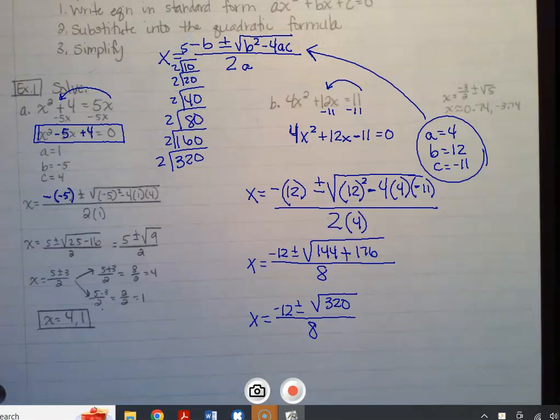All right, let's see how many pairs I have. So I have 2, 4. Okay, so 2 times 2. So this is going to be equal to negative 12 plus or minus 2 times 2 times 2 times the square root of 5, divided by 8.